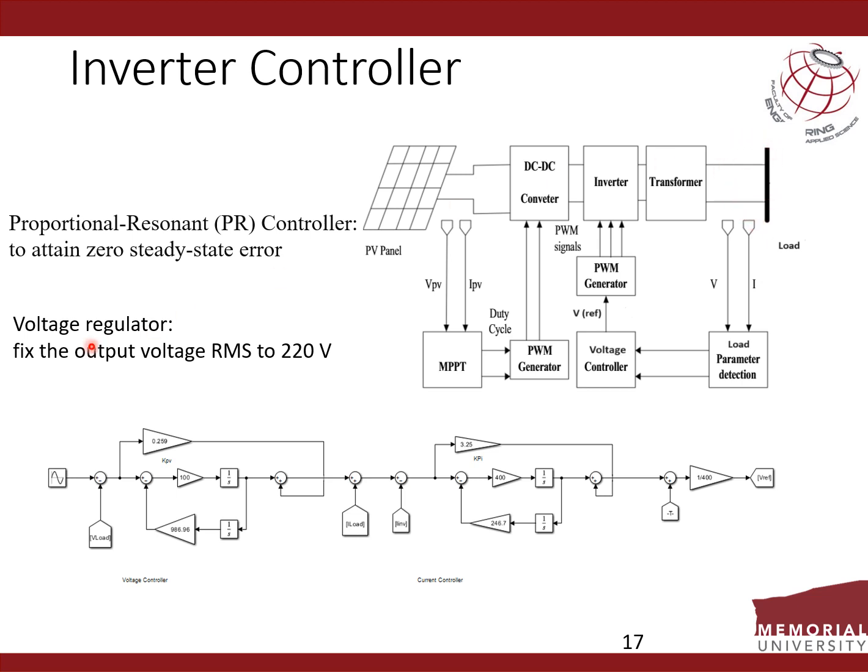So we use proportional resonant controller, PR controller, to get zero steady state error. As you can see, the voltage and current from load sides are used. They compared with a reference value, and then using some integration, some gain adjustment, and other control techniques, a reference voltage is generated.